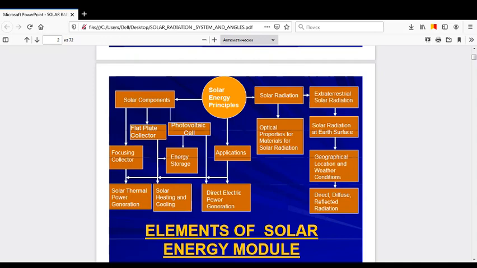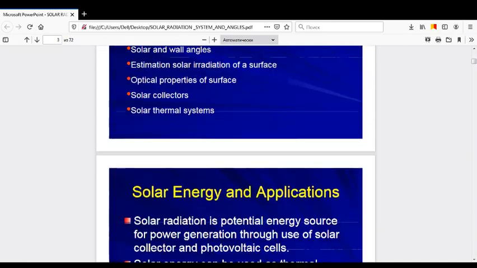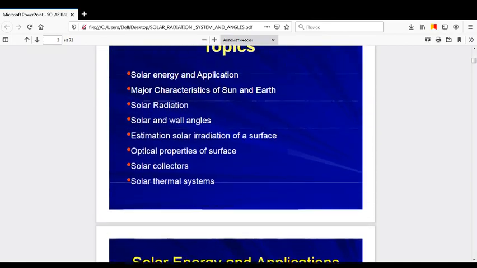Solar radiation, extraterrestrial radiation, solar radiation at earth surface, geographical location and weather condition, direct, diffuse and reflected radiation, optical properties of material, solar radiations. So these are the elements of the solar energy module, the terms basically used.